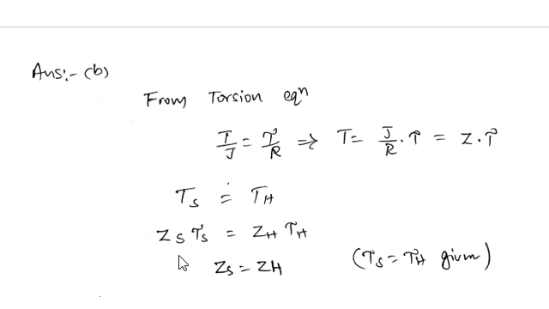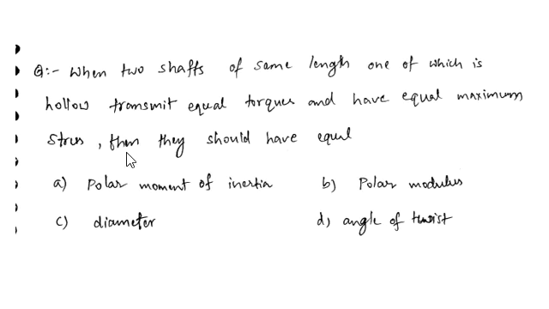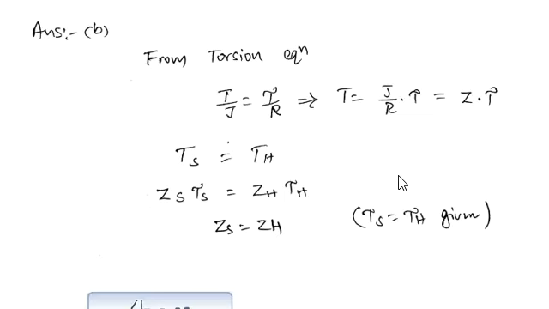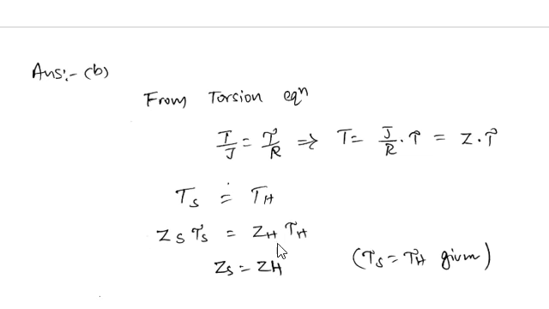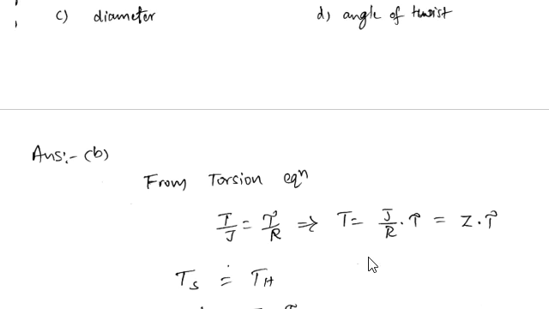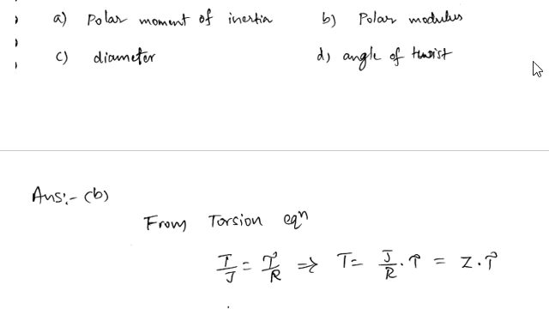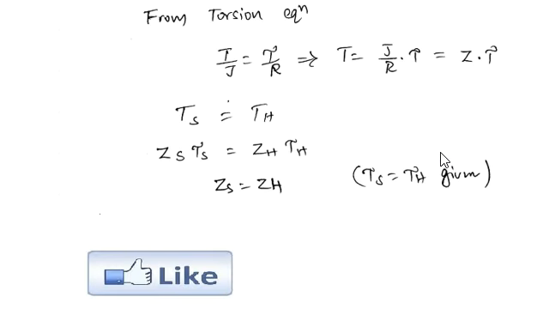Once again you can write Z of S, tau of S is equal to Z of H, tau of H, and since the maximum stress is the same, you can cancel tau S and tau H. Why? Because tau S and tau H are the same. So finally you can say Z of S is the same as Z of H, meaning the polar section modulus for solid and hollow shafts is the same. So option B is the right option for this question.